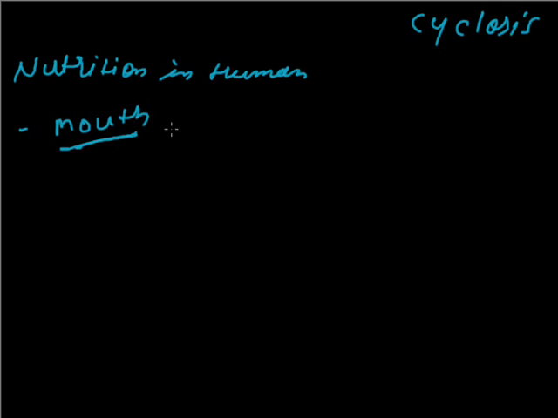So first we have to study digestion in the mouth. In our earlier segment we already discussed that the mouth contains a liquid termed saliva, and this saliva is very important in helping the food digest.